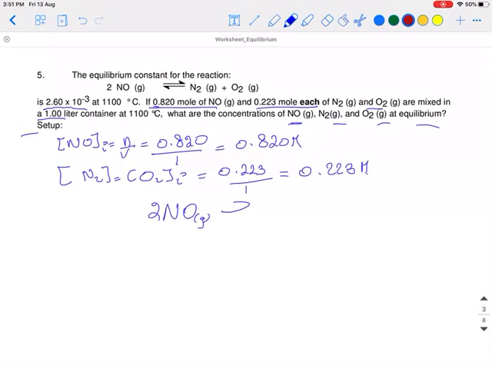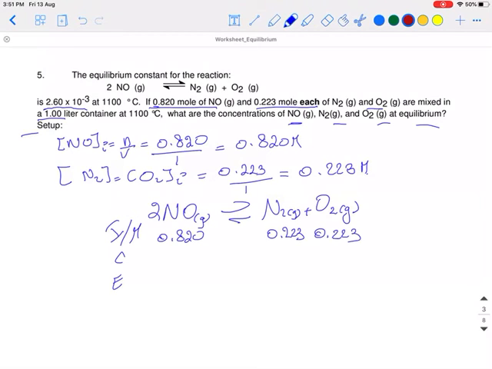Let me construct the ICE table to find the concentrations at equilibrium. So 2NO gas gives N2 gas plus O2 gas. Now the ICE table: I, C, E. The initial for NO is 0.820, and this is 0.223, 0.223.